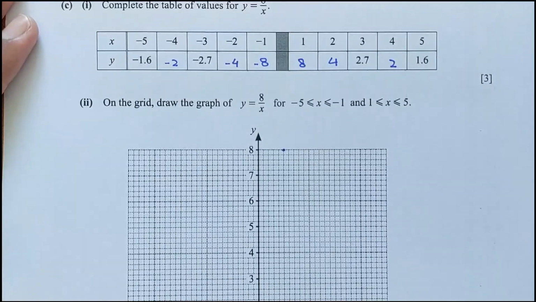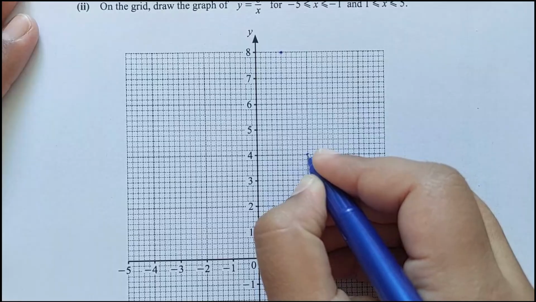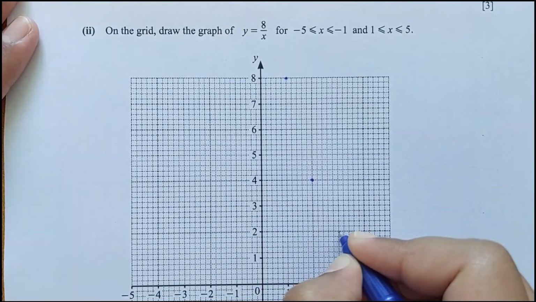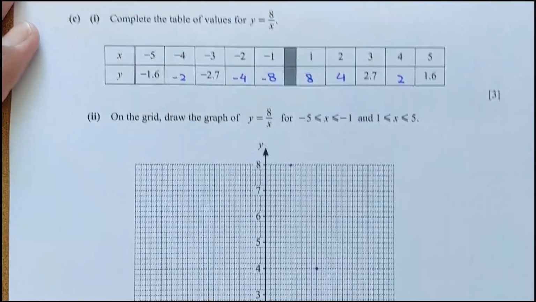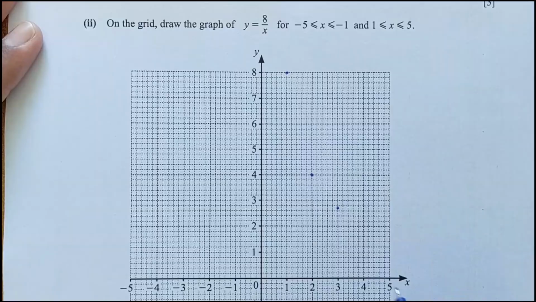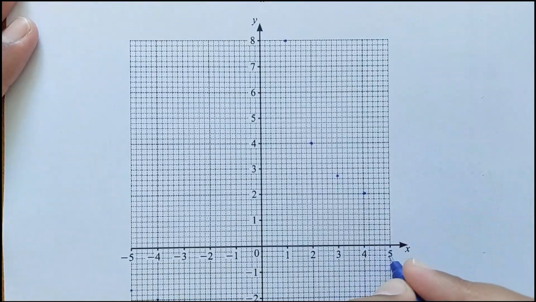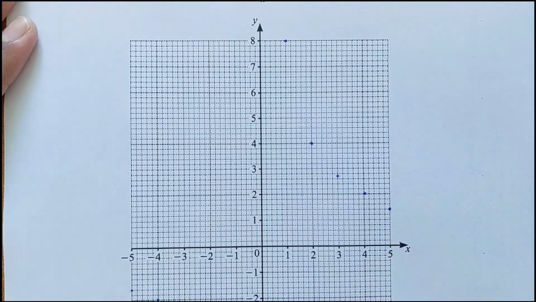The next is when x is 2, y is 4. 2 and 4. For 3, 2.7. For 4, it's 2. And for 5, it is 1.6.